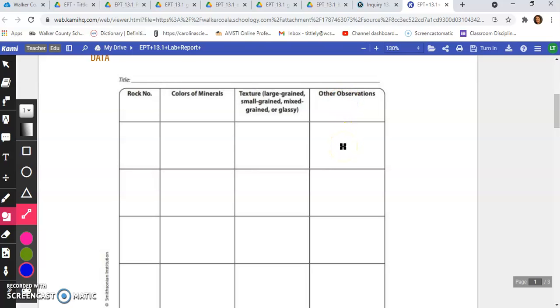Now, the students in class will not get the names immediately, but those of you watching the video will see the names of these as we look at them. So if you want to also write the names under rock number, or under other observations, that would be fine.